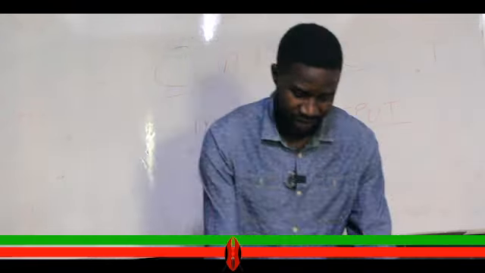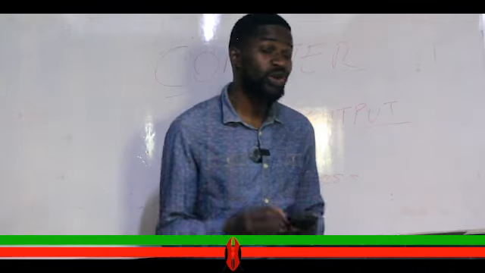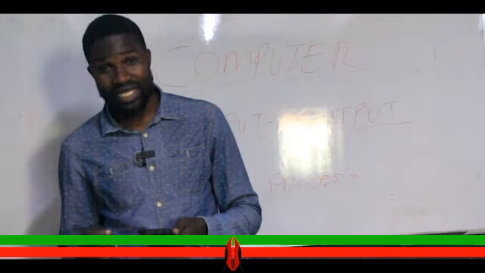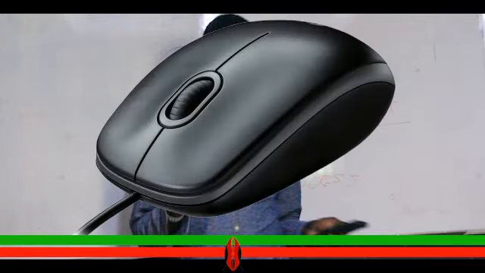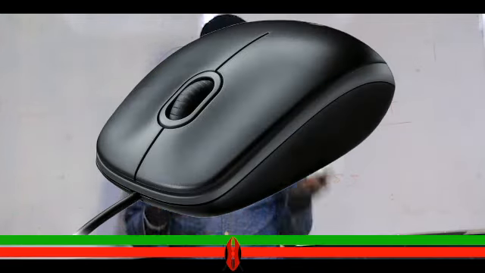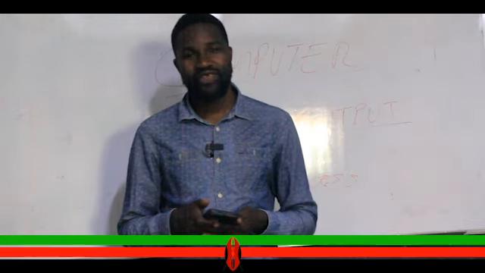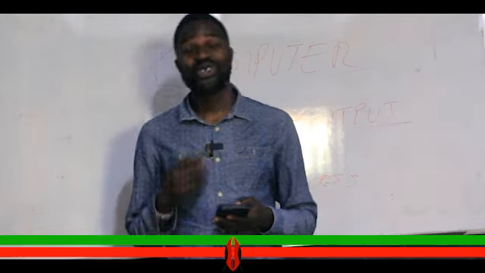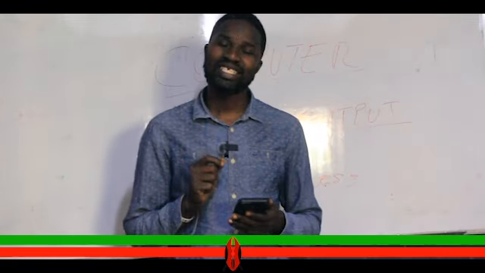Then we have the mouse. What is a mouse? I will show you the mouse. What you can see on our screen right now is the mouse. What is the use of the mouse? It helps you control the movement of the cursor on your screen.